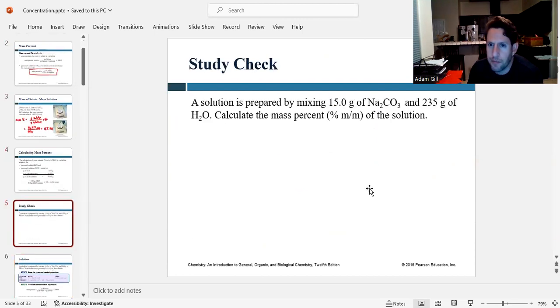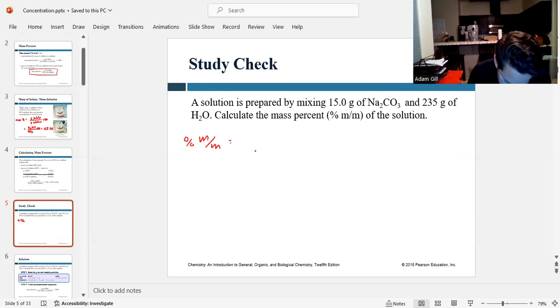Let's do another practice problem. A solution is prepared by mixing 15 grams of sodium carbonate and 235 grams of water. Calculate the mass percentage of the solution. So the percent M over M, this is an abbreviation for mass percentage, mass over mass.